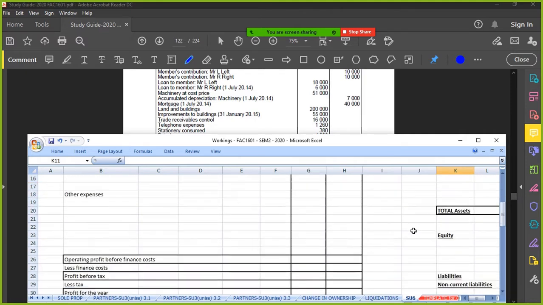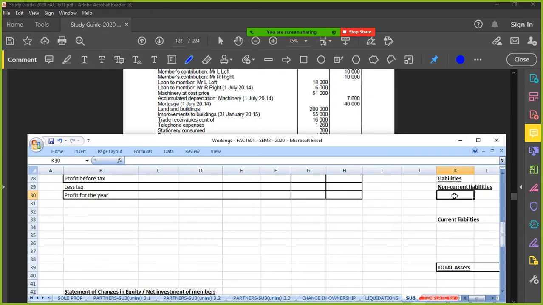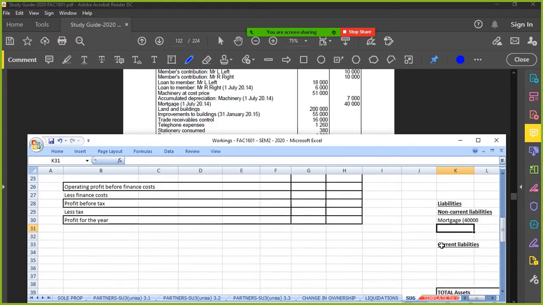Mortgage is your liability, so 40,000, and you would assume it's long term unless told otherwise. What is this, beginning? It doesn't really matter because this is for the statement of financial position. It was beginning, it is 40. Okay, next.